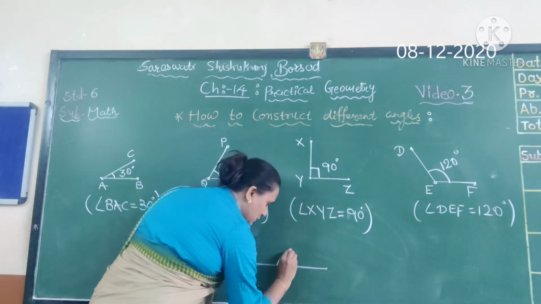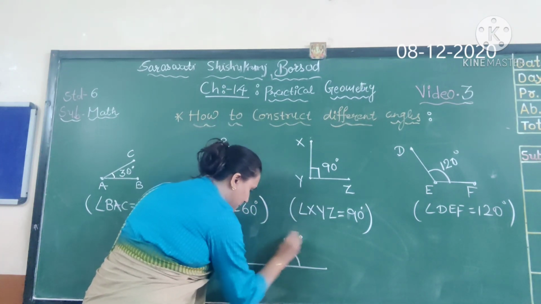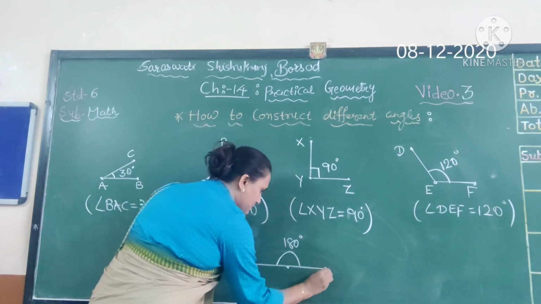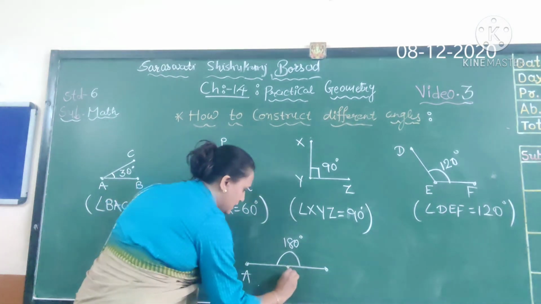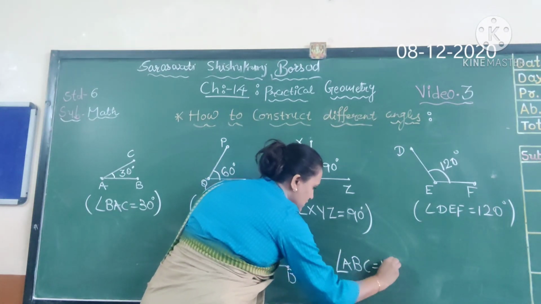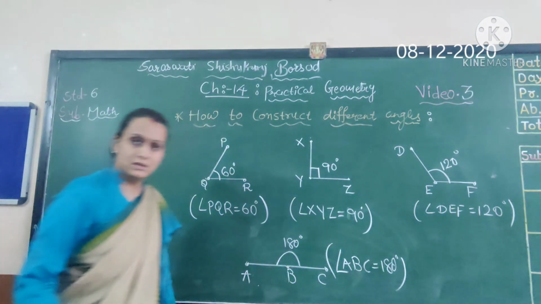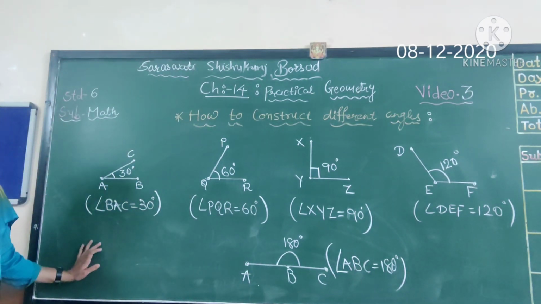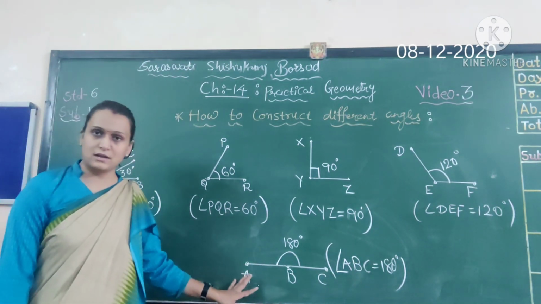Okay, so this is known as 180 degree straight line angle. Suppose we name it as A, B and C. So angle ABC is equal to 180 degree. Okay, so these are the different angles we can construct.